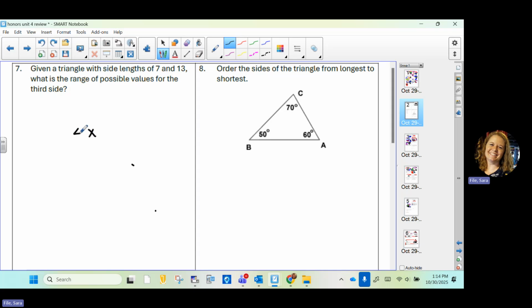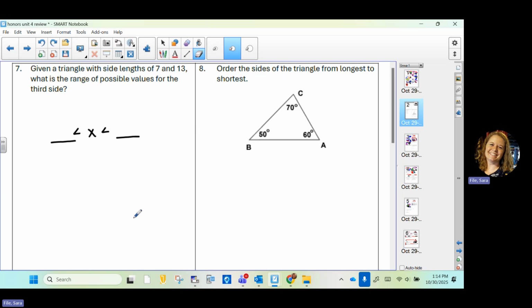And I know that when I talk about a range of possibilities, I'm going to set it up as an inequality like this. I'm going to say X is going to have to be greater than this number, but less than this number. Okay, and we know that when we have all 3 sides of a triangle, the 2 shortest sides have to add to be bigger than the third, right?